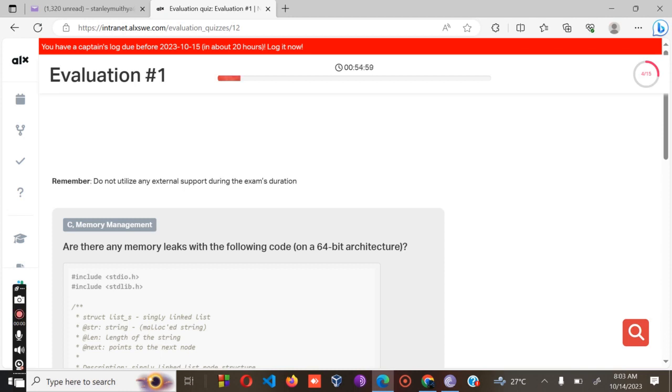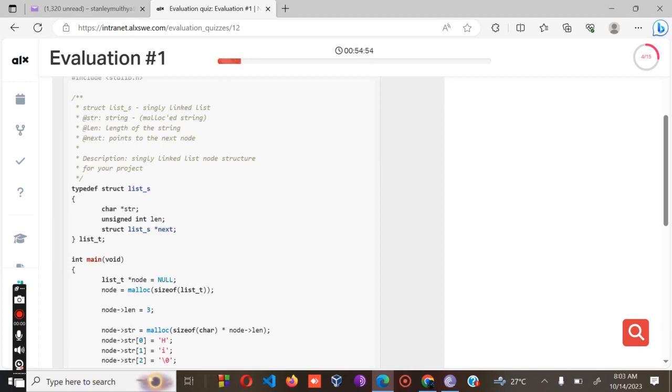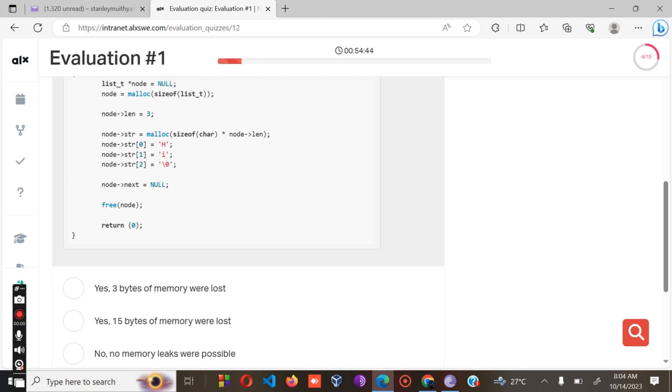Then the next part, we have question number 4. Are there any memory leaks with the following code? Okay, let me see. So we have a typedef struct with a character and an unsigned int, struct list, integer. Then we have a node. Let me see what is happening.